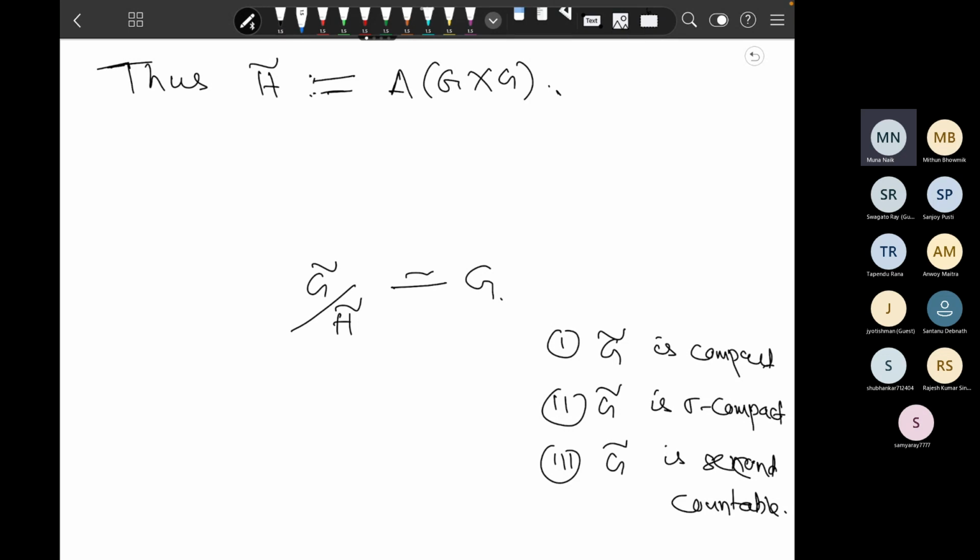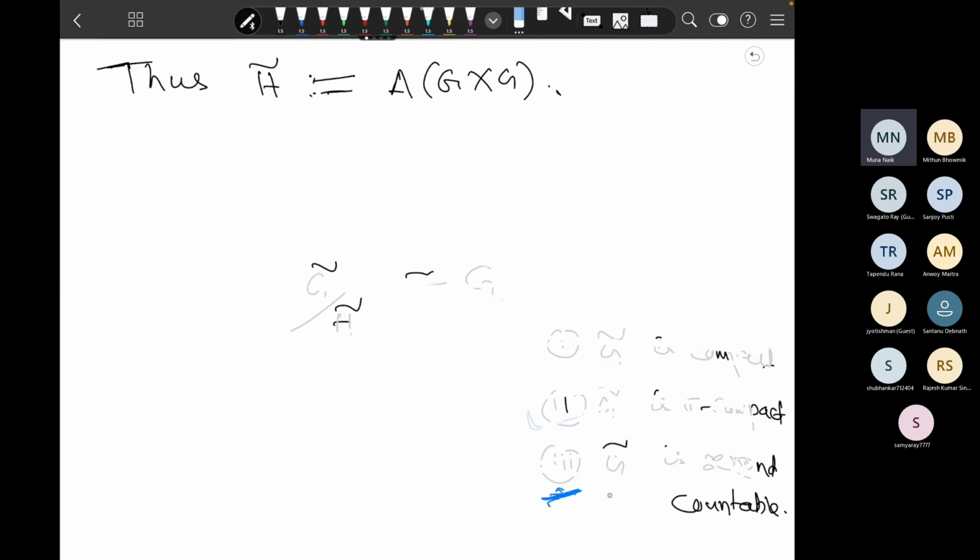So G tilde is sigma compact is the most general situation, and the third condition, G tilde is second countable, is the most popular. People actually use mostly this third condition. So that is the thing.